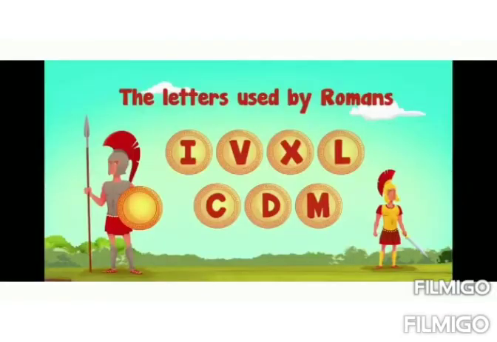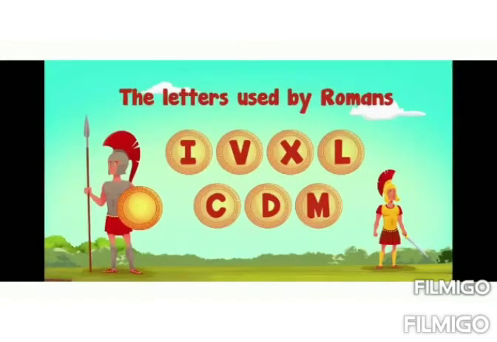Now, first of all, we will discuss the 7 symbols or letters that are used to write Roman numerals. The Romans used the letters I, V, X, L, C, D, M to write numbers. The combination of these 7 letters constitutes the Roman numerals.